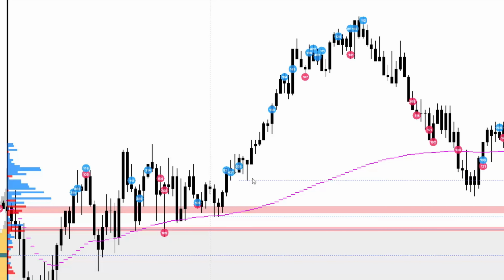You cannot put your stop here because you need to break the high. So when you break the high, you put your stop loss here. Now, you're going up and here you have a little high, all right? You create a new low, you break the high, so you can put the stop here. Here you create another high and another low, you break the high, so you put your stop here.